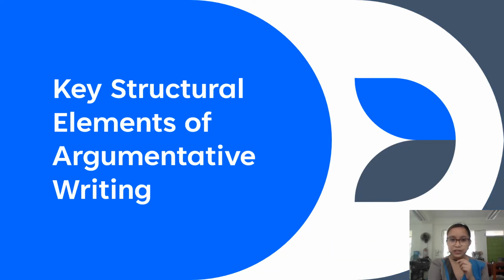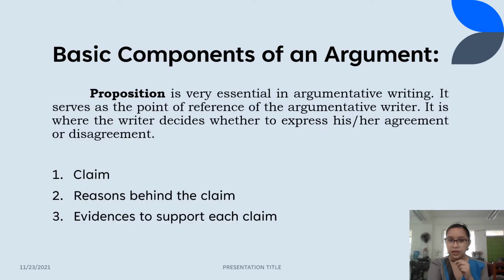Alright, so today we're going to study first the key structural elements of argumentative writing. Ano ba ang components ng isang argument? So, it says here that proposition is very essential in argumentative writing. Ano ba yung proposition? It serves as the point of reference of the argumentative writer. It is where the writer decides whether to express his, her agreement or disagreement.